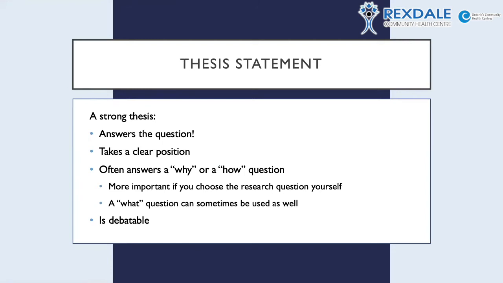Another thing that makes a thesis statement strong is if it answers a why question or a how question. This makes your thesis a little bit more analytical. It often involves some deeper thinking than a what question, but you still can choose a what question. Oftentimes you can just rephrase a what question into a why question or a how question.